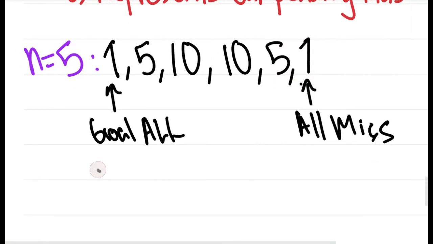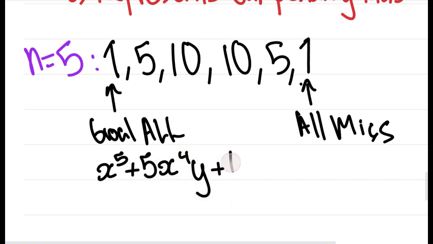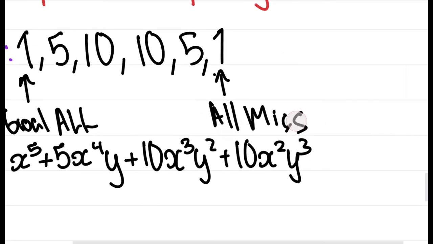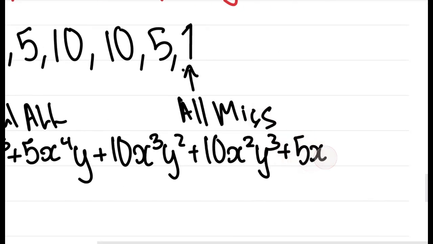So it'll be x to the power of 5 plus 5x to the power of 4 y plus 10x cubed y squared plus 10x squared y cubed plus 5xy to the power of 4 plus y to the power of 5.